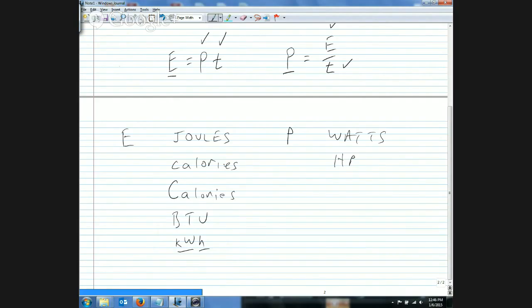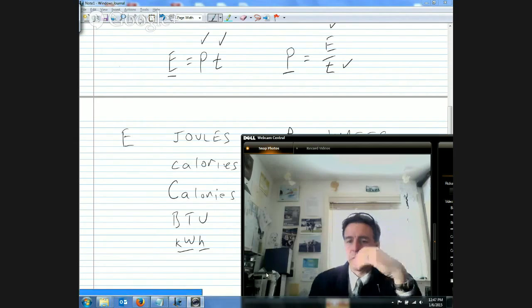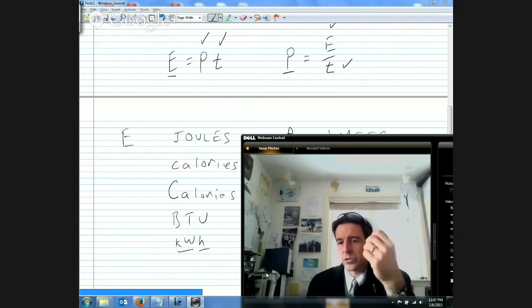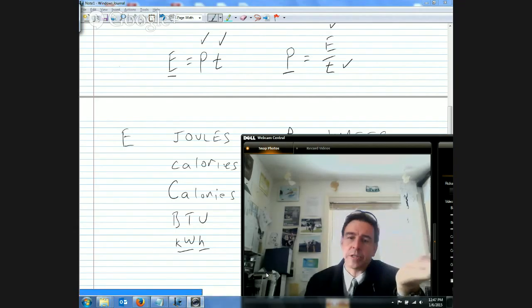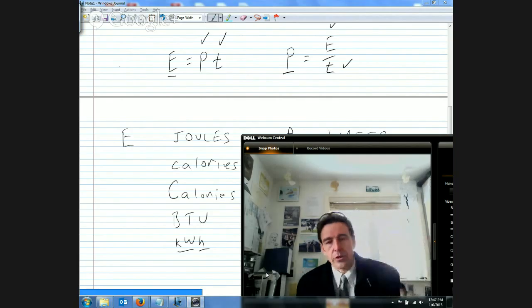Well, those are the two main ones, and watts are the international system, and HP for horsepower is sometimes called the imperial, sometimes called the SAE for Society of Automotive Engineers, sometimes called the English units, although the English no longer use those. But those are the two main units of power that we're going to consider.